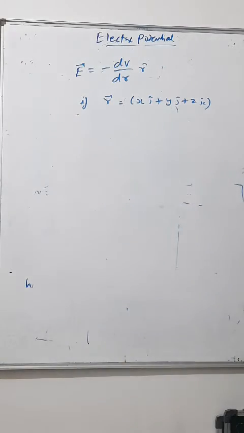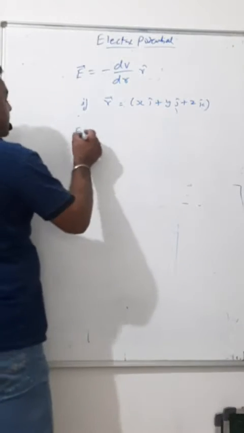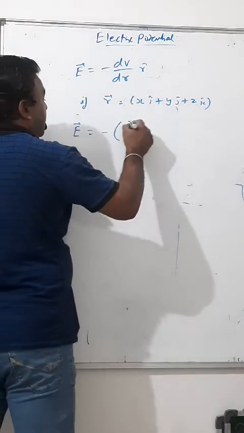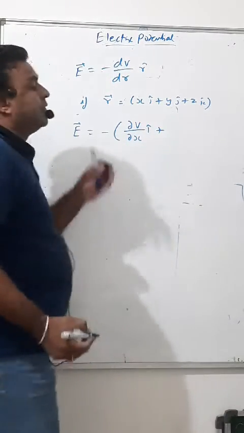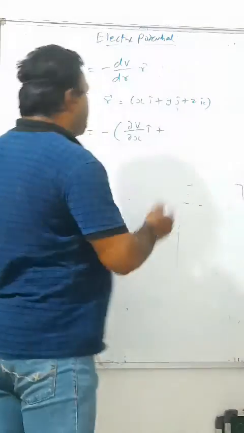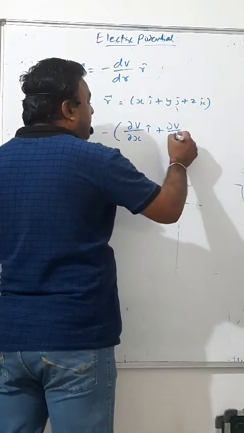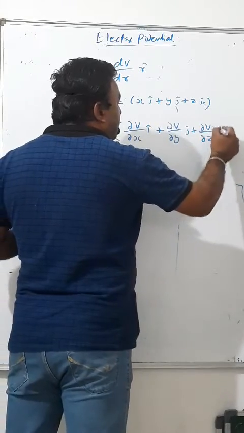In this situation, we'll simply write E is equal to minus of del V by del x i cap, of course when I'm moving along the x-axis, plus j cap del V upon del y, plus k cap del V upon del z.